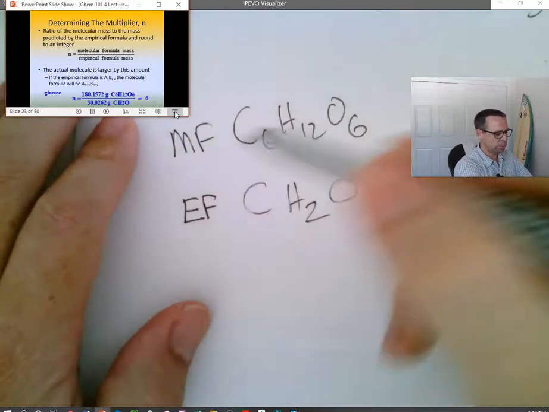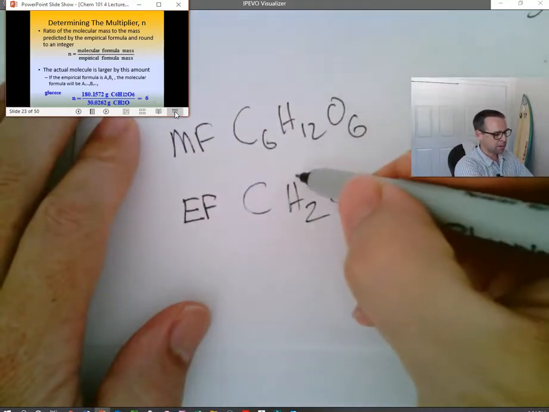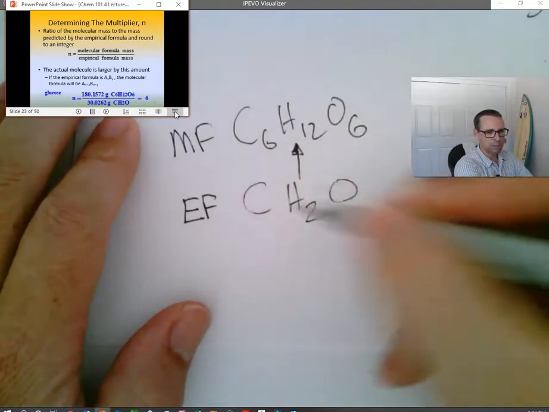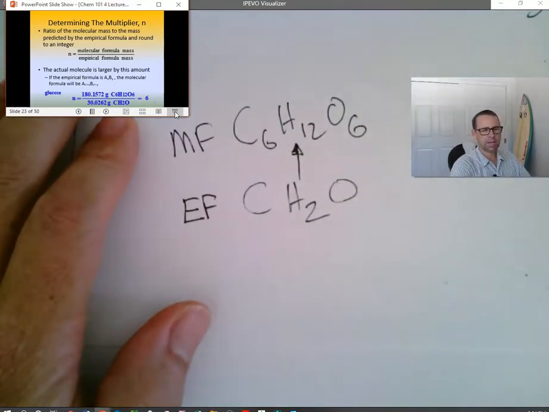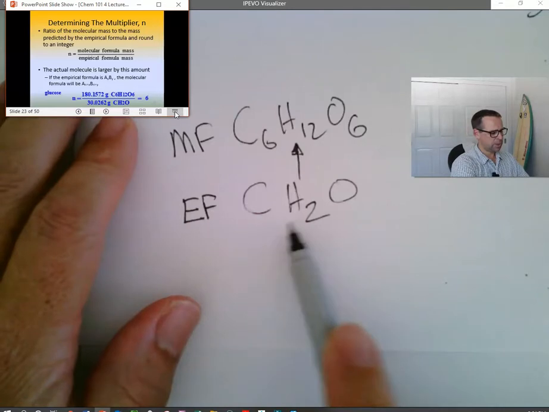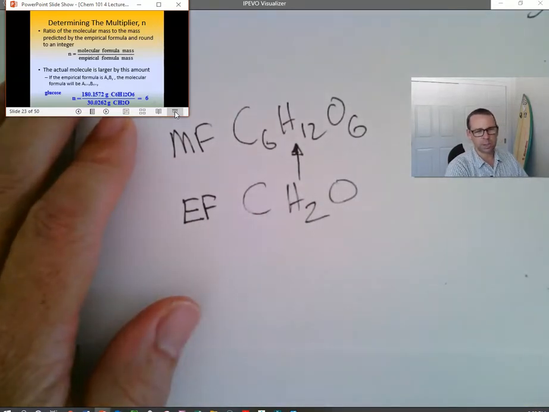Now, we said before, and we're reiterating in this slide, that there is a multiplier or a number that if you multiply this bottom by, you can get that molecular formula, right? You multiply the empirical formula by some number, all of these values down here, and you get the molecular formula.